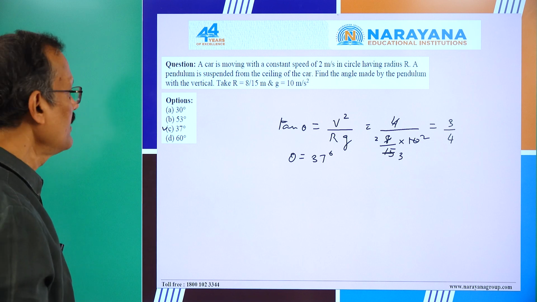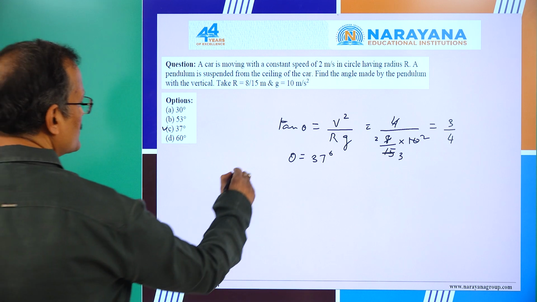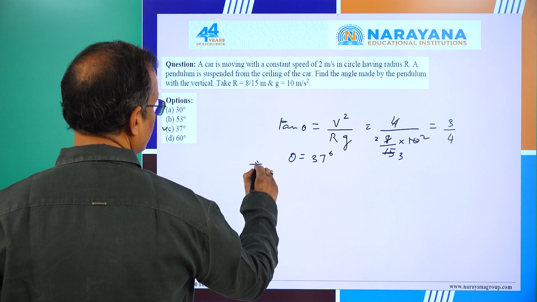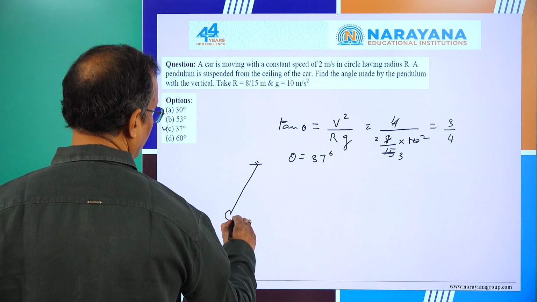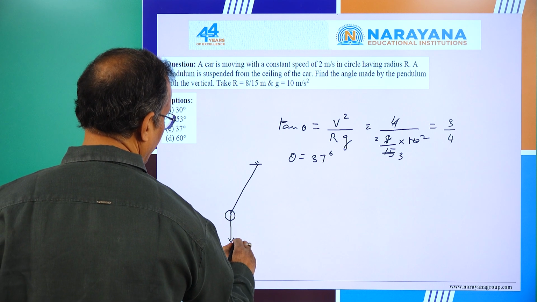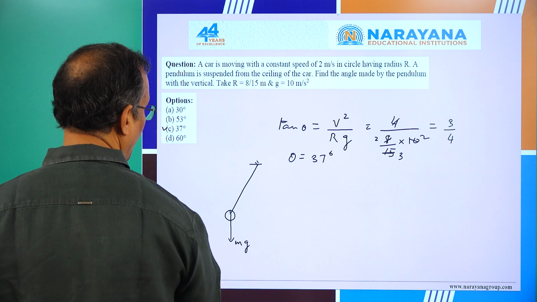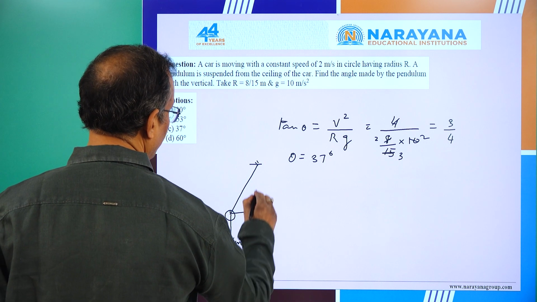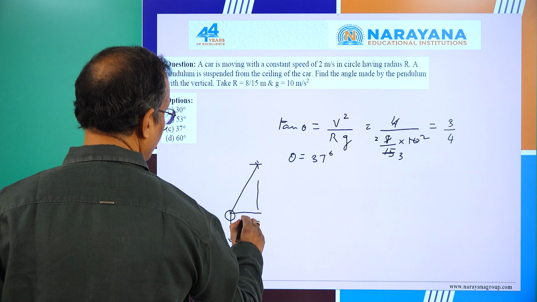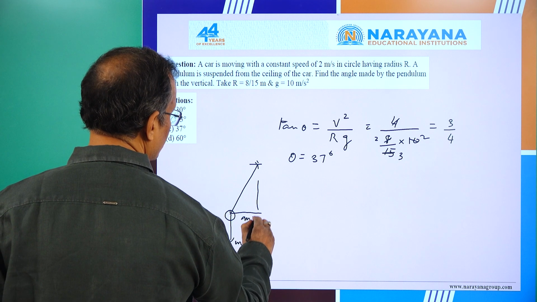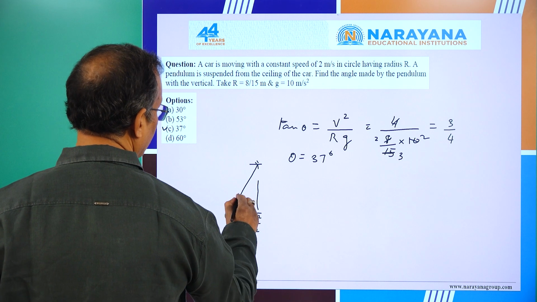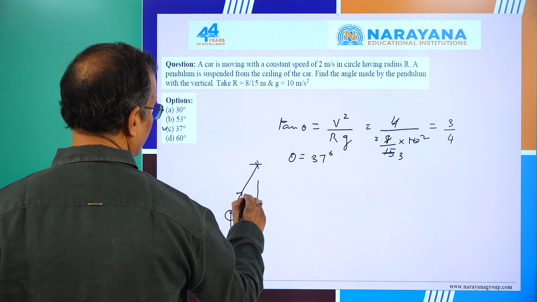Your answer will be C. If you want, you can also show it in the diagram. If this is the bob, here you will be taking mg, and here you will be taking mv square by r, and T you will be taking here.